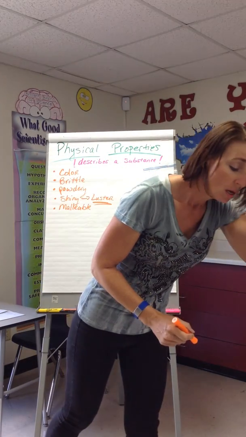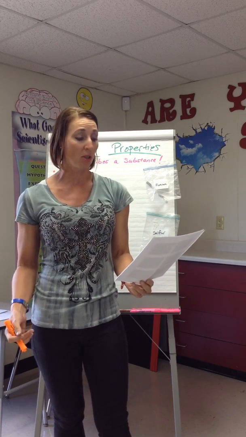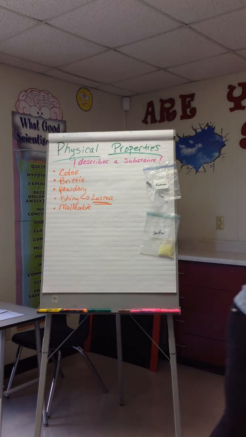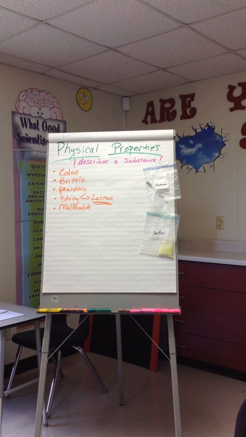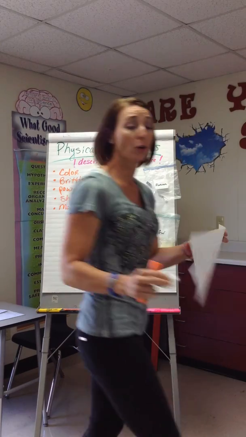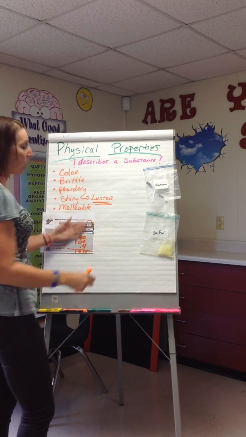Another way to use a physical property to describe something would be the mass of it, which you're going to be tested on using the triple beam balance, on paper.